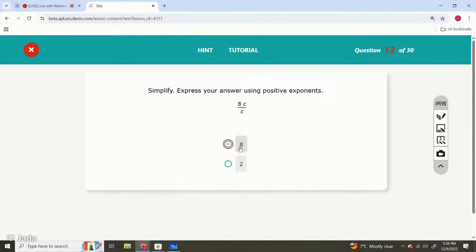Option number 1 is the correct option. 8c divided by 2c, which is the correct option?